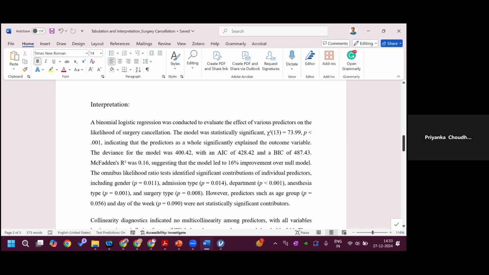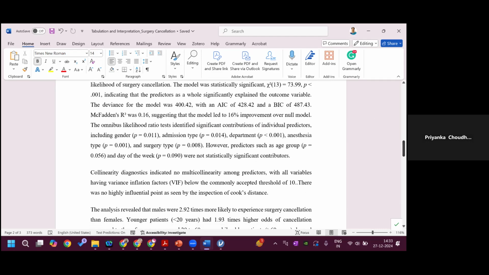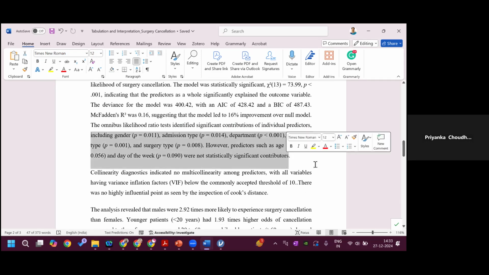The omnibus likelihood ratio test identified significant contribution of individual predictors, including gender, p-value 0.011, admission type, p-value 0.014, and department, p-value less than 0.001. Anesthesia was significant and surgery was also significant.